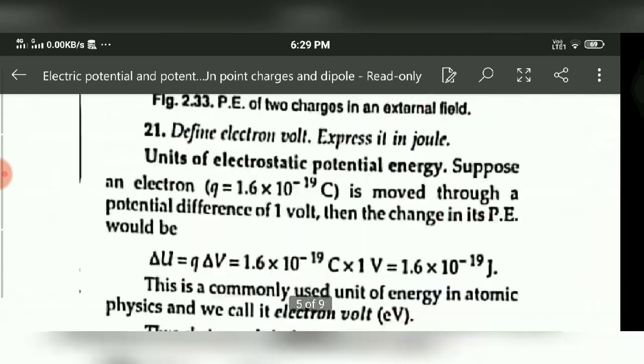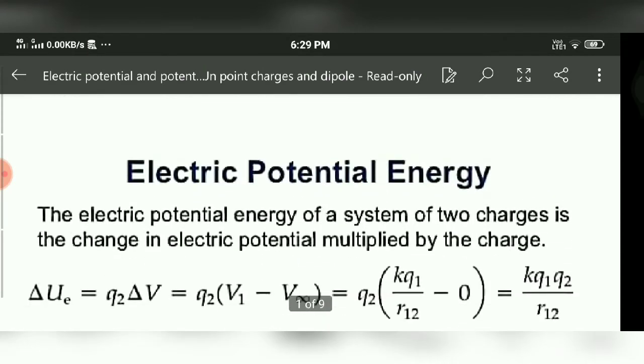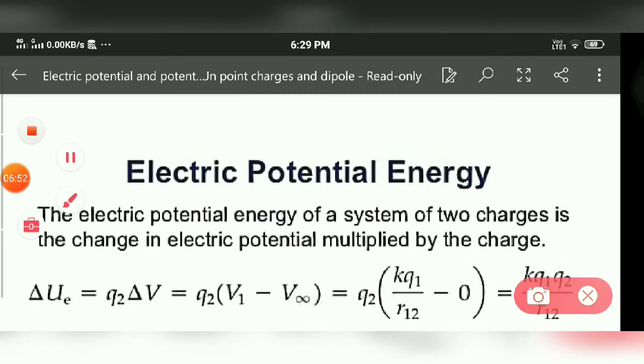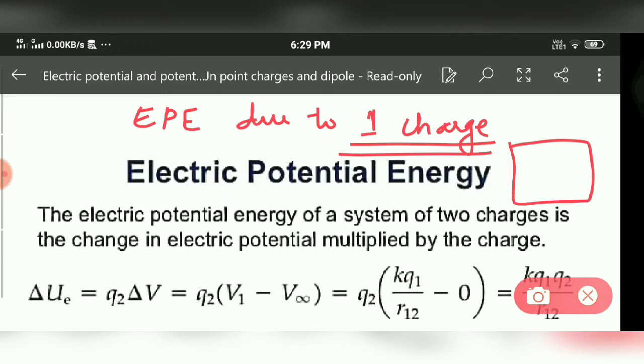Next topic is electric potential energy. First of all, electric potential energy due to one charge. If one charge is there, suppose this is the system, I have to bring a charge q1 from infinity to point P. As in this region there is no charge, there is no field.